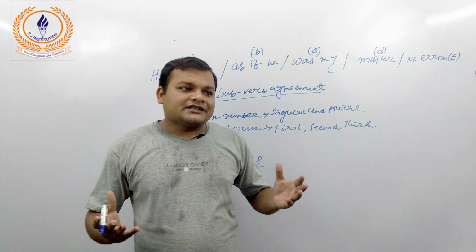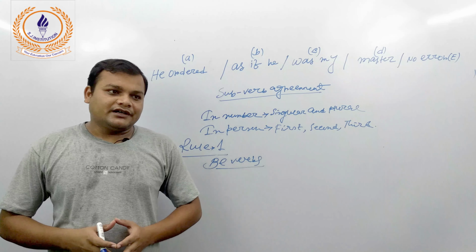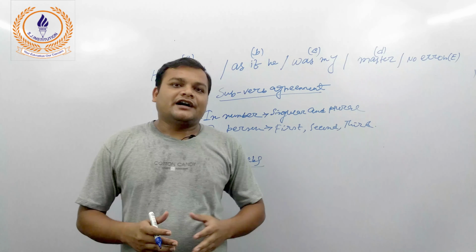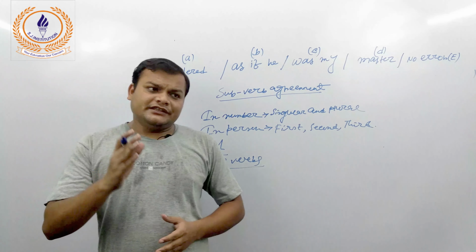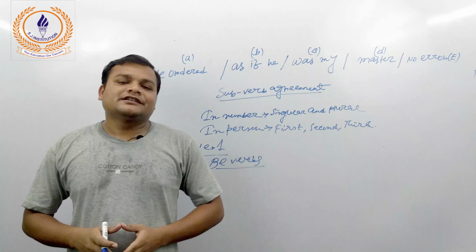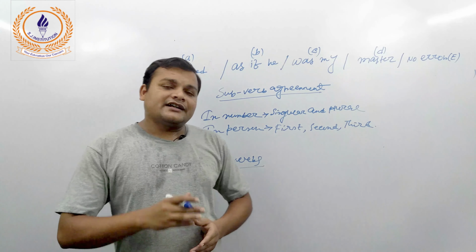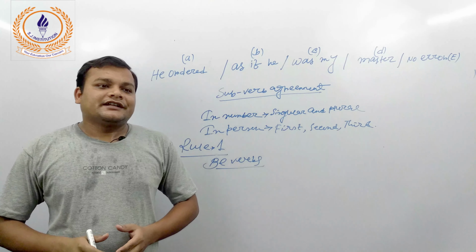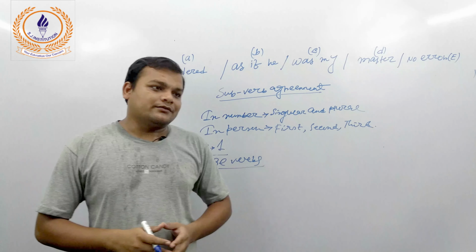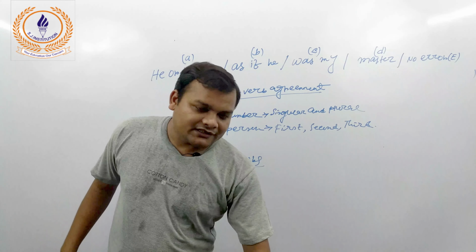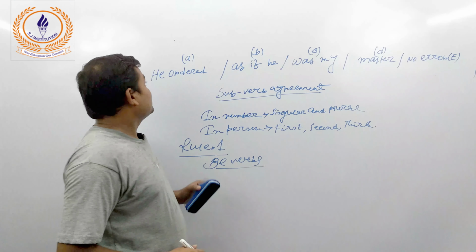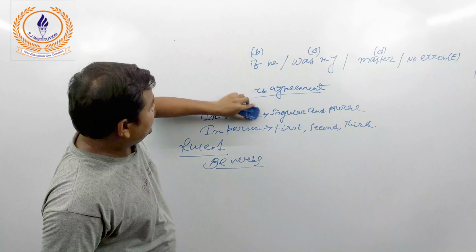If the subject is third person singular number, the verbs are used with s or es in the simple present tense, and the verbs with s, es in the simple present tense are called singular verbs. Look at the few examples I am writing on the board to understand the concept.